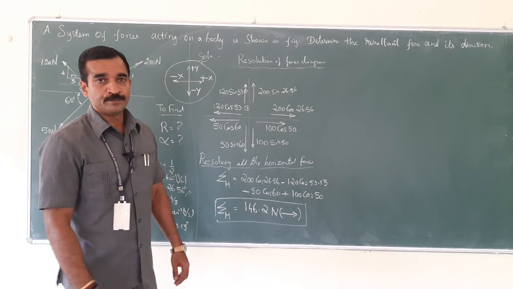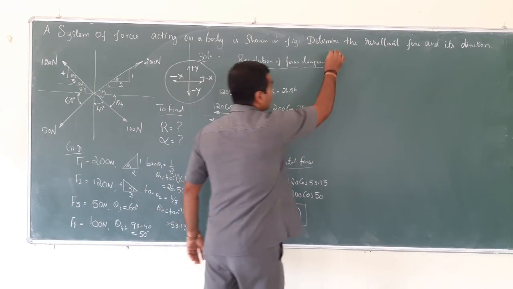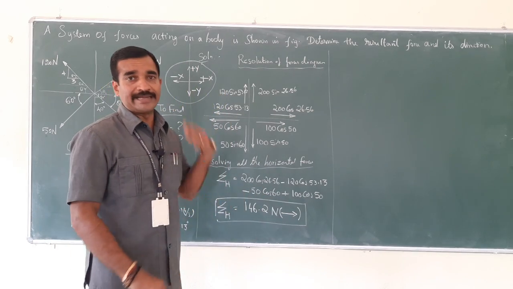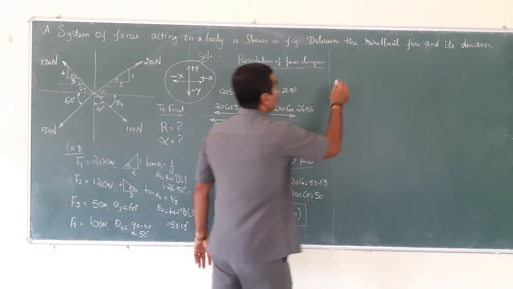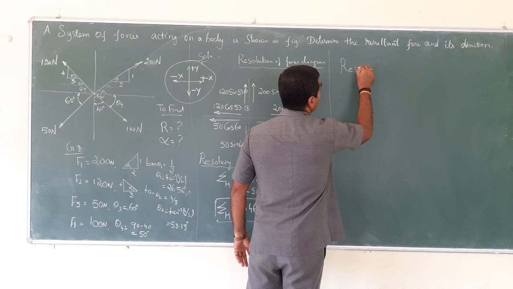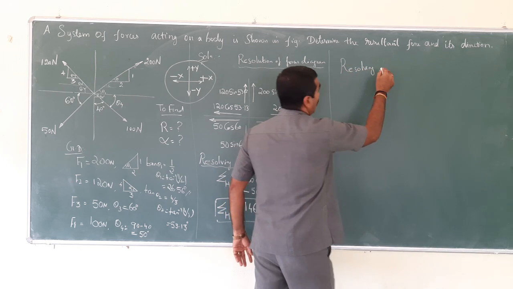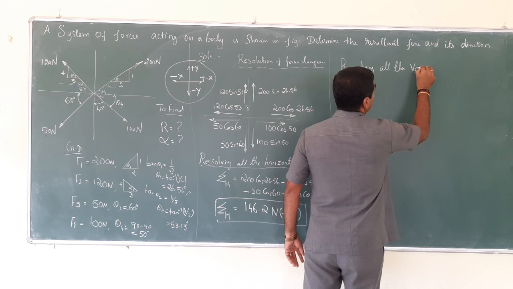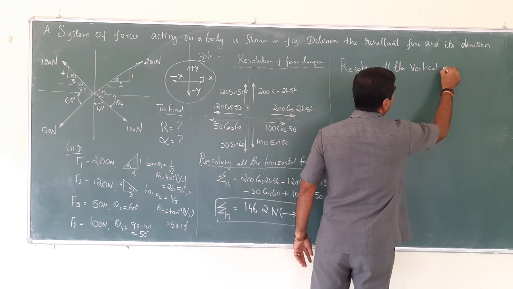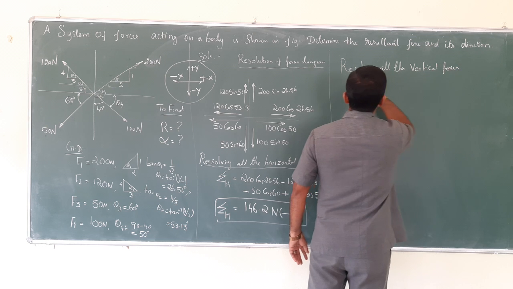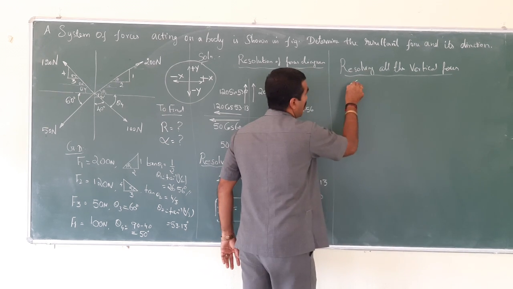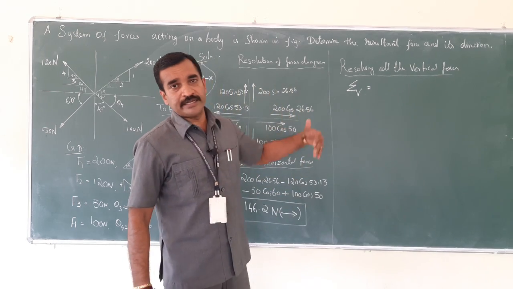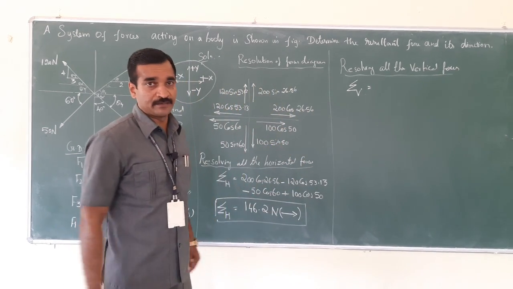Summation H. Now I am going to resolve the forces which are acting in the vertical direction. Resolving all the vertical forces, the algebraic sum of forces acting in the vertical direction.